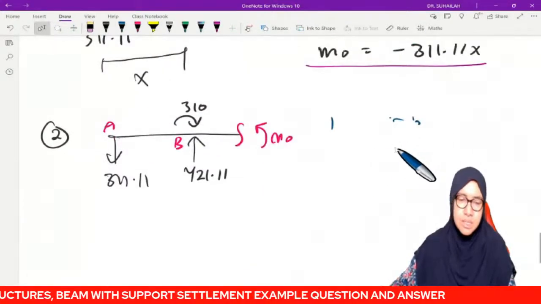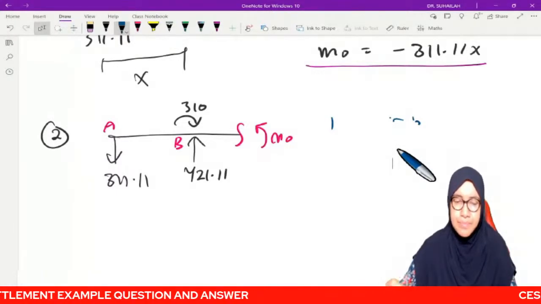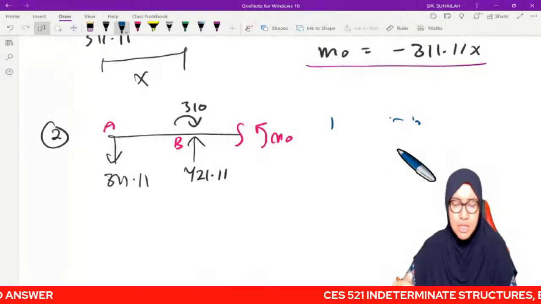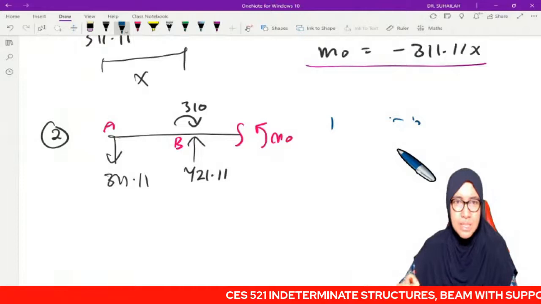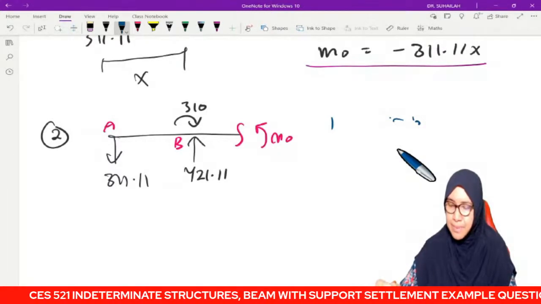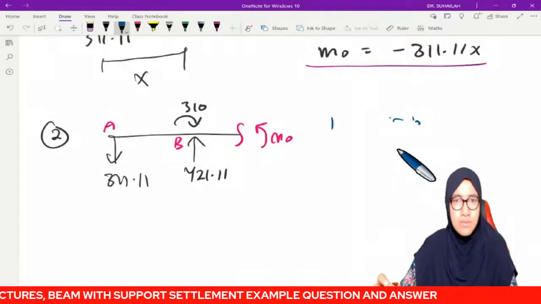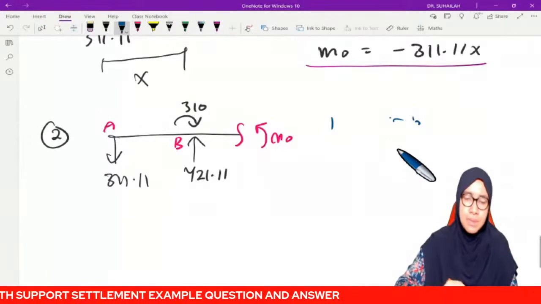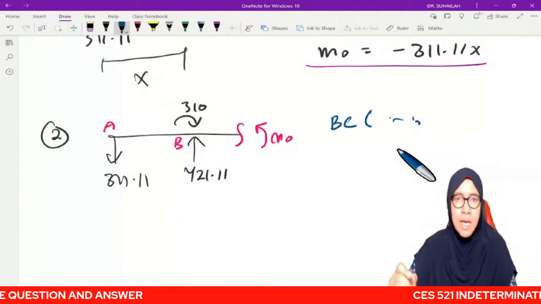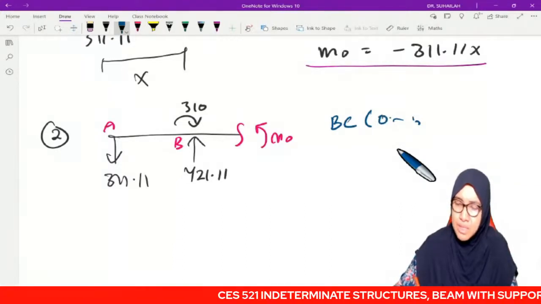So this is BC, section number 2, BC. I want to choose B as origin.